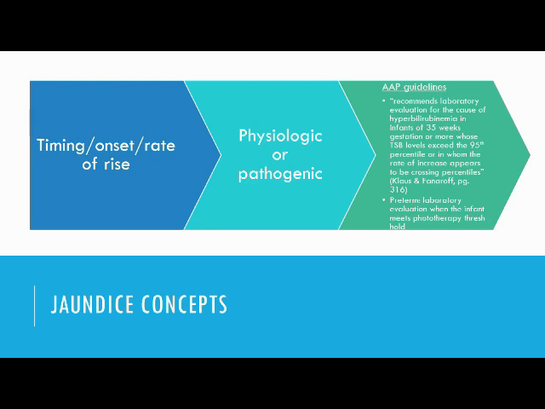So often it's just a physiologic process where the bilirubin level just keeps climbing and these babies just need a little bit of help clearing it. There's not really something pathologic going on. And again, that timing, the onset, and the rate of rise helps to determine if it's physiologic or pathogenic in nature. Both might have some sort of intervention though, like we talked about.